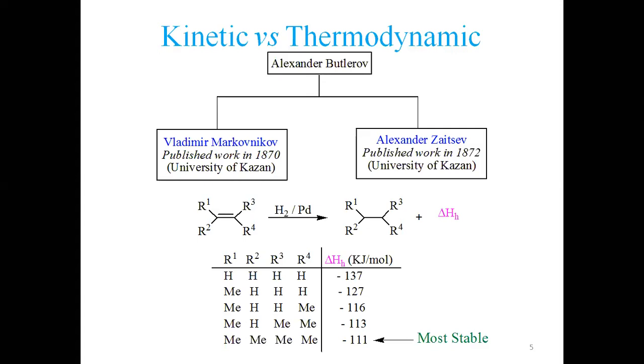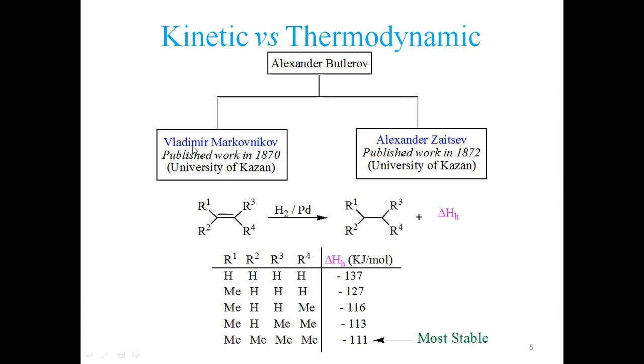You are familiar with Vladimir Markovnikov. You have different spellings in British or American books, in which it is written Markovnikov with K-O-F. But in fact, he was Russian, belonging to the University of Kazan.